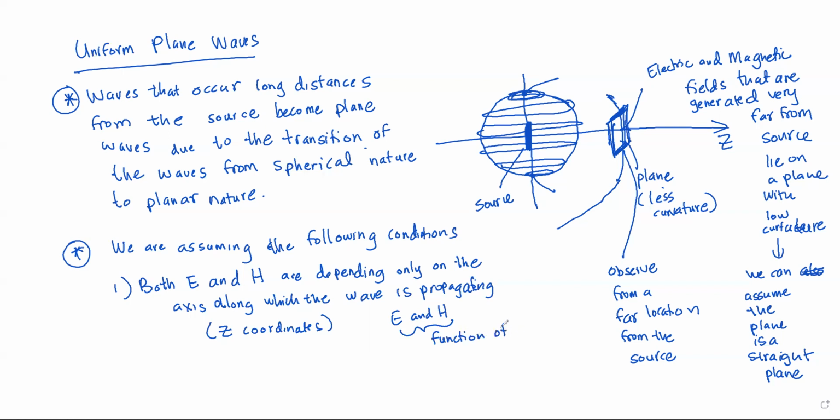So what is the reason to say this? Why do we say that electric and magnetic fields are only functions of Z and not functions of X and Y? Why are we saying it is not varying along X and Y?